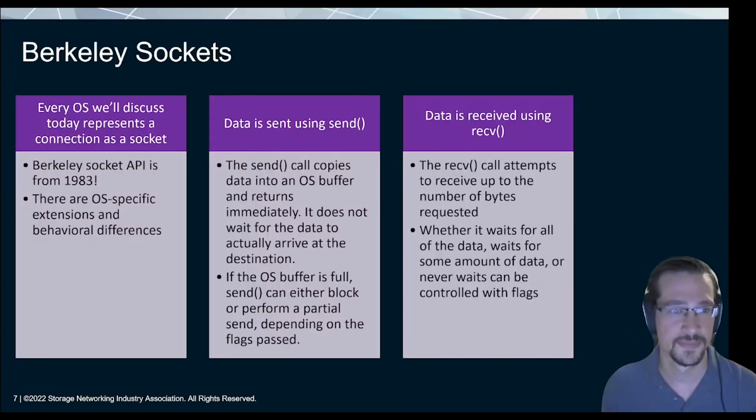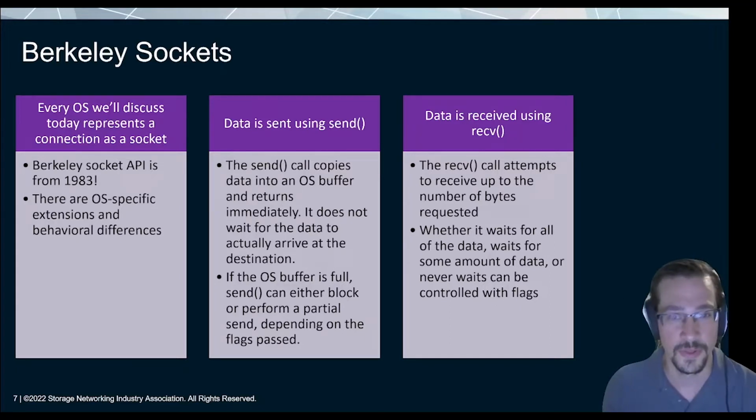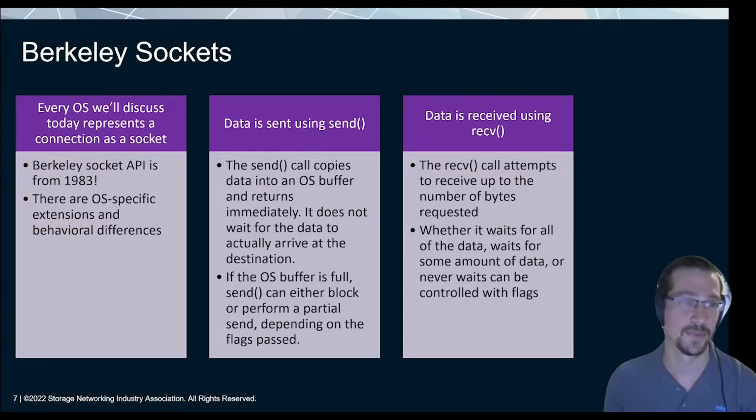Okay, so a little bit of the basics of how you write a network stack, and we'll go very quickly here. Every operating system we will discuss today, it's going to be primarily Linux, represents a connection as what they call a socket. And it's interesting, the Berkeley Socket API, where this was first introduced, is from 1983.